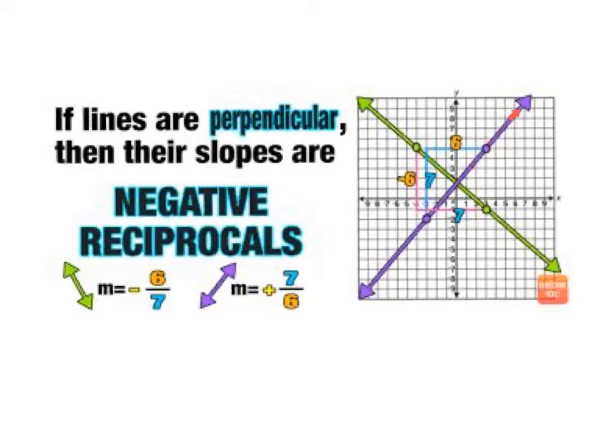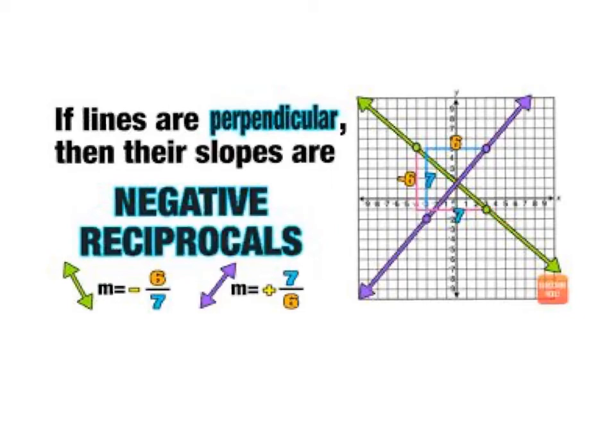So that's a positive slope of 7/6. It's a rise of 7 and a run of 6. Well, the green line, which is its perpendicular line, has a negative slope. So it's opposite: the opposite of positive is negative.